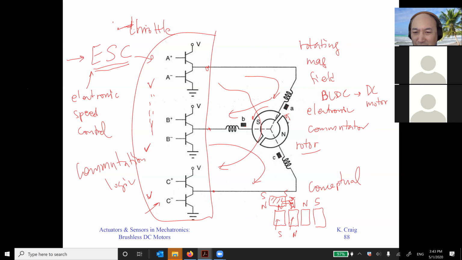Then when you move to here, you have an SN, so you can change this one to N again. You can change the magnetic field by changing this one, then it will make this move in this direction.